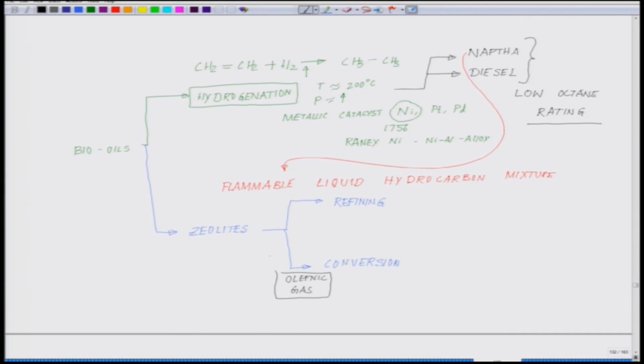By definition, olefinic gases are any class of unsaturated open chain hydrocarbon with at least one double bond, one single double bond. Okay, so this stands for a double bond.